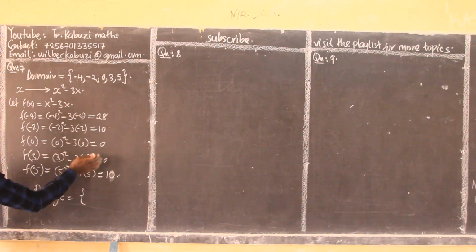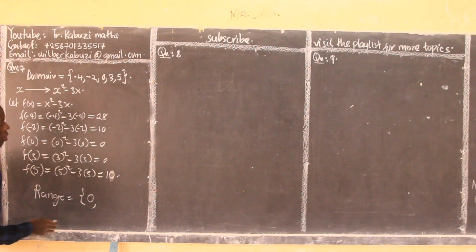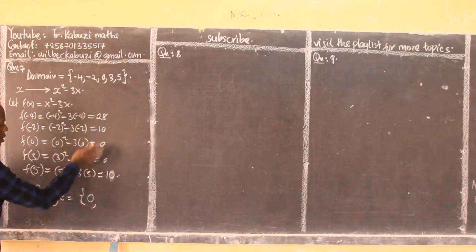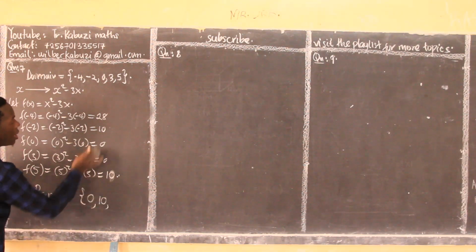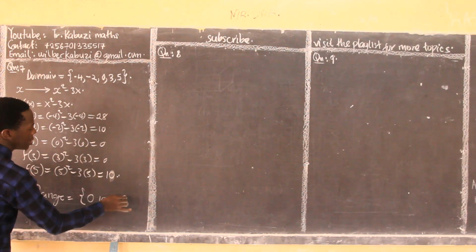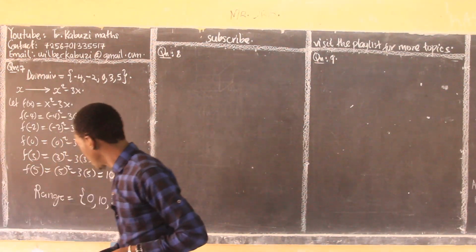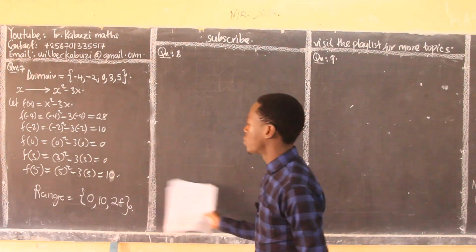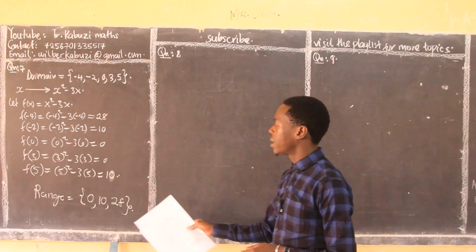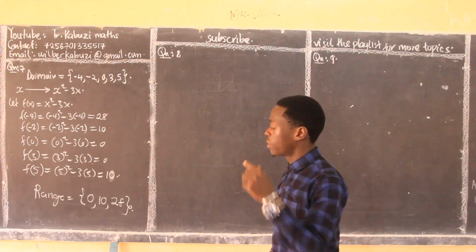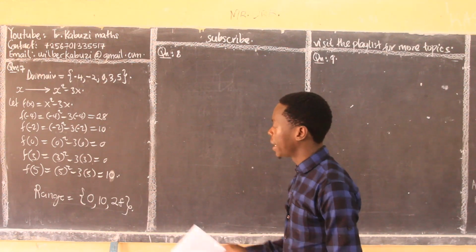So we have now 0, followed by a 10, there are 2 10s, and then there is 28. So this one was a many to 1 mapping. There were many x values mapping you to 1 value, many to 1 mapping.